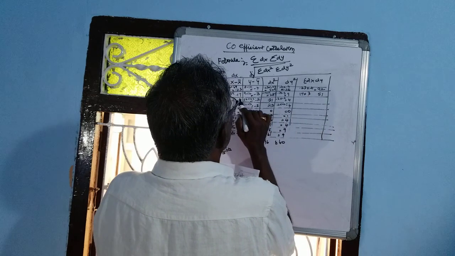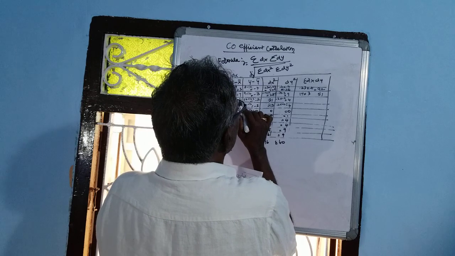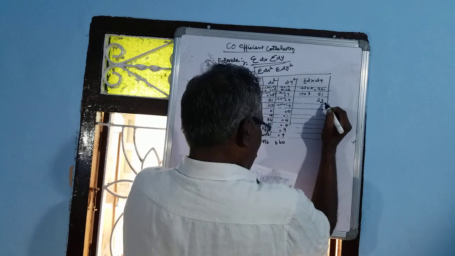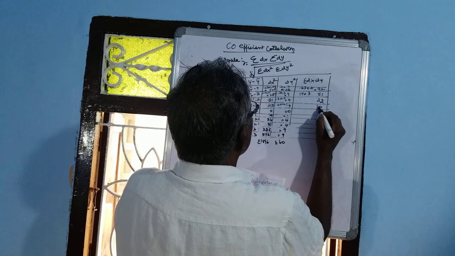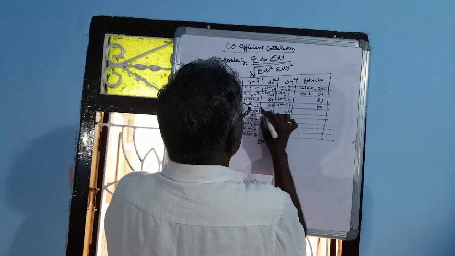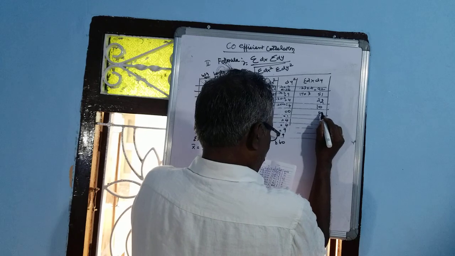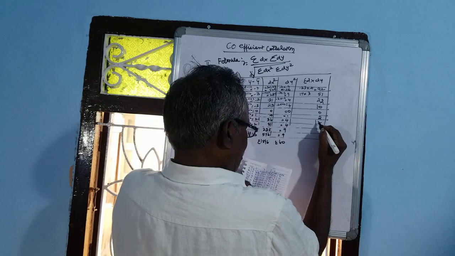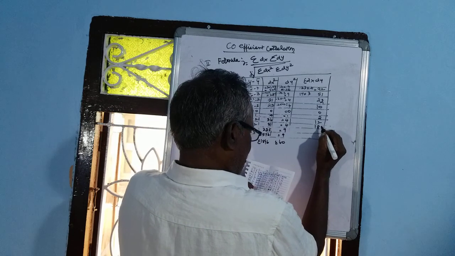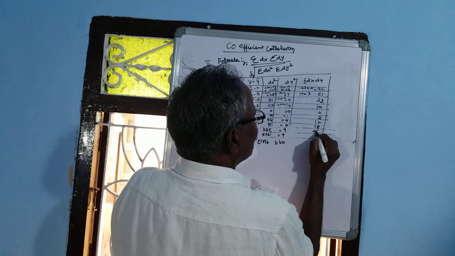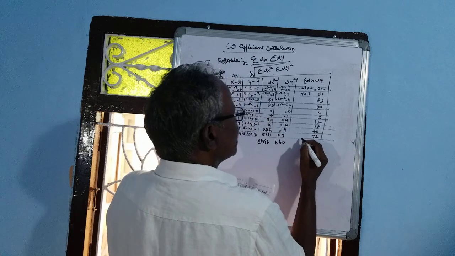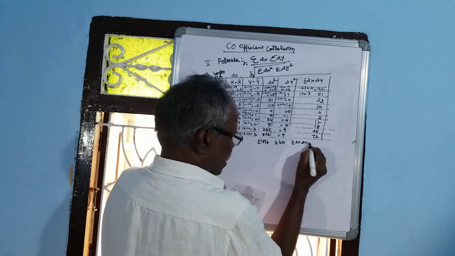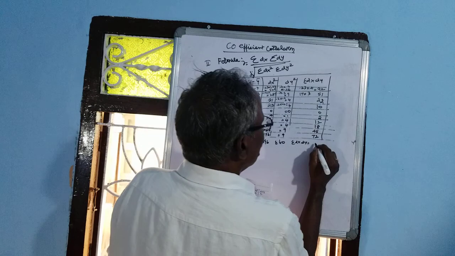Similarly, the dx is minus 11, dy is minus 2, that is 22. Then 5 into 10, 5 into 2, 10, 0, 2, then 12, then 18, 45, 72. So the sum of dx into dy is coming to 324.